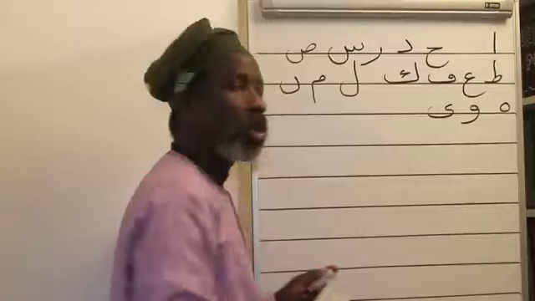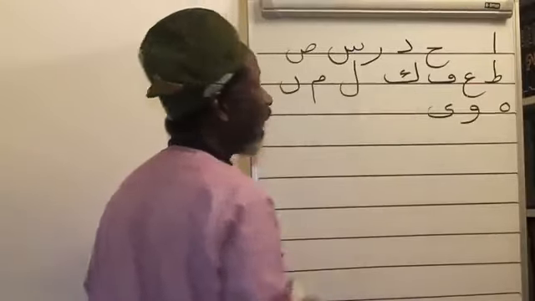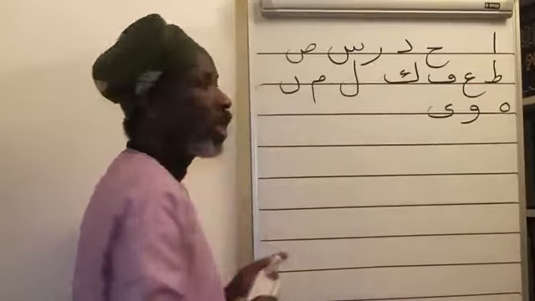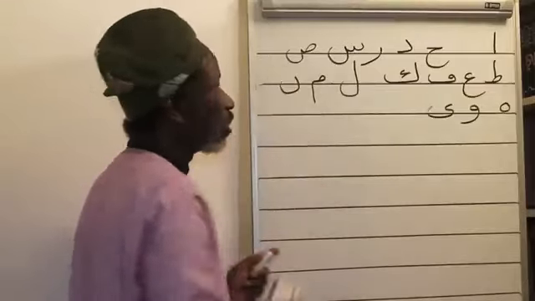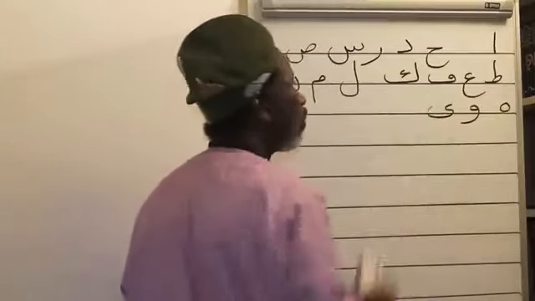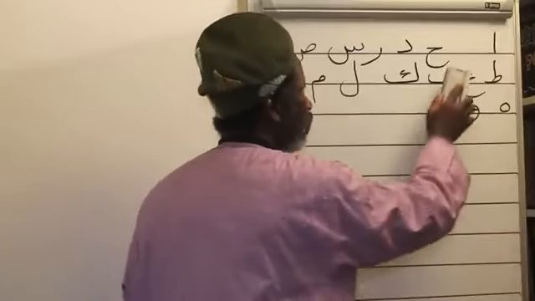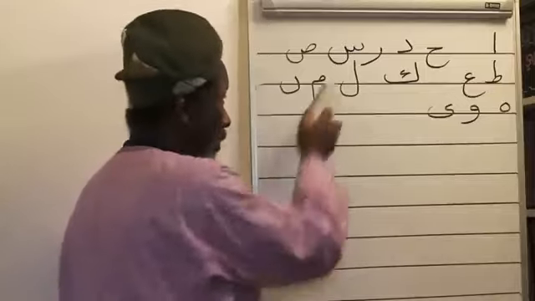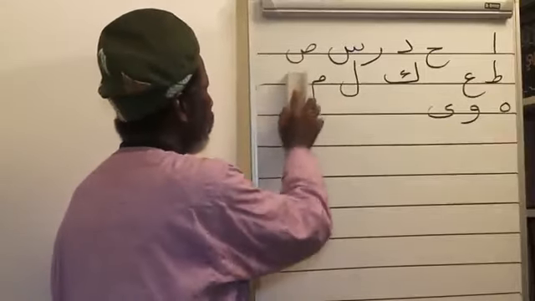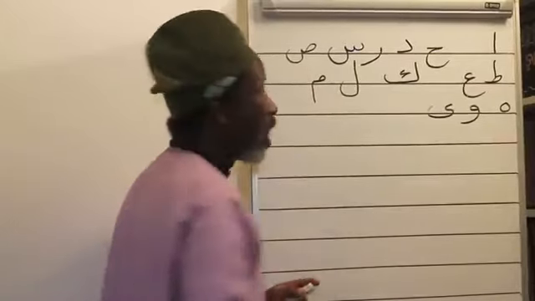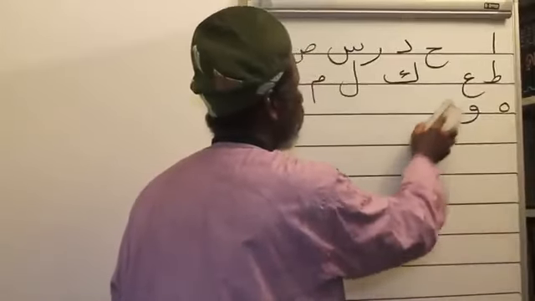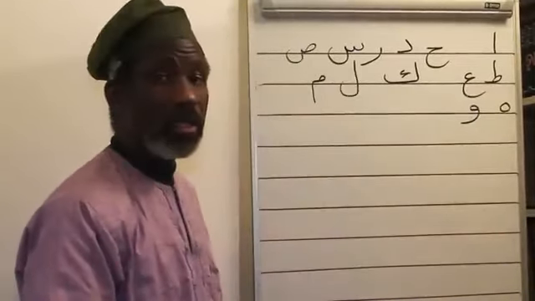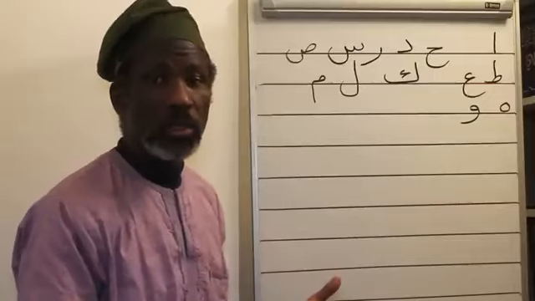This one, ha, no dot; dal, no dot; ra, no dot; sin, no dot; sad, no dot; ta, no dot; ain, no dot; kaf, lam, mim, noon, ha, waw; ya has dots. So these are the ones that have no dots.